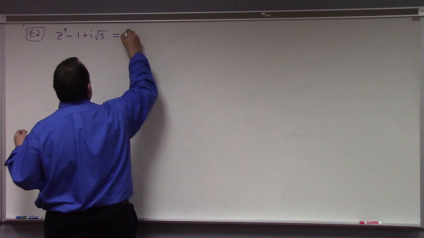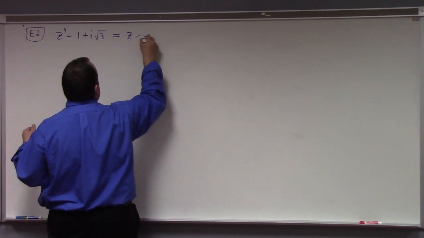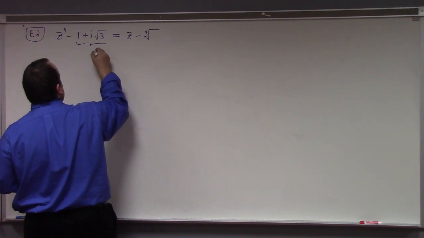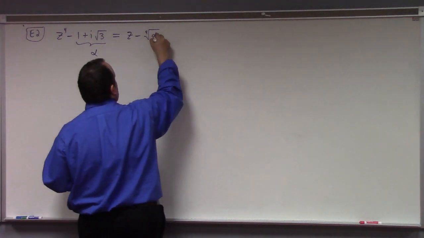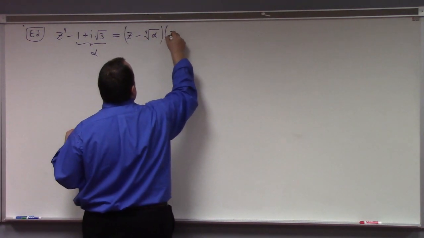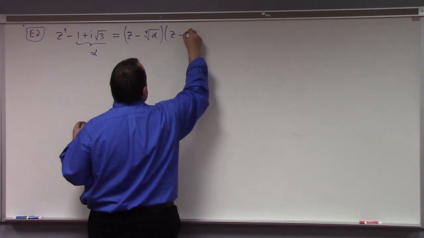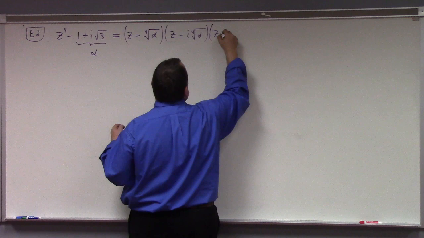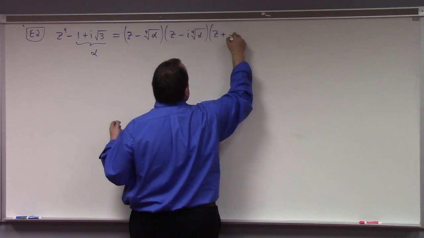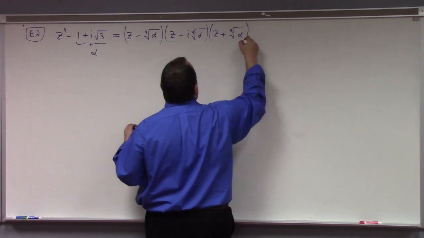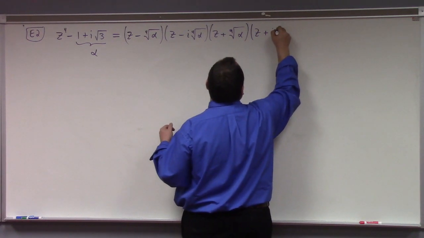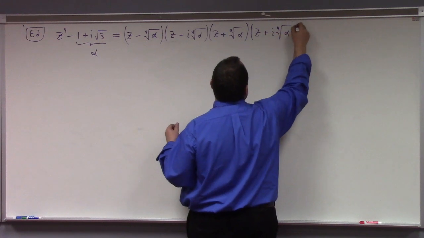Because this is actually going to be z minus the 4th root of, I'm tired of writing this number. Let me call this thing alpha. And then you've got z minus I times the 4th root of alpha. Z minus, well, I squared is just plus, right? 4th root of alpha. And then z plus I times the principal 4th root of alpha.